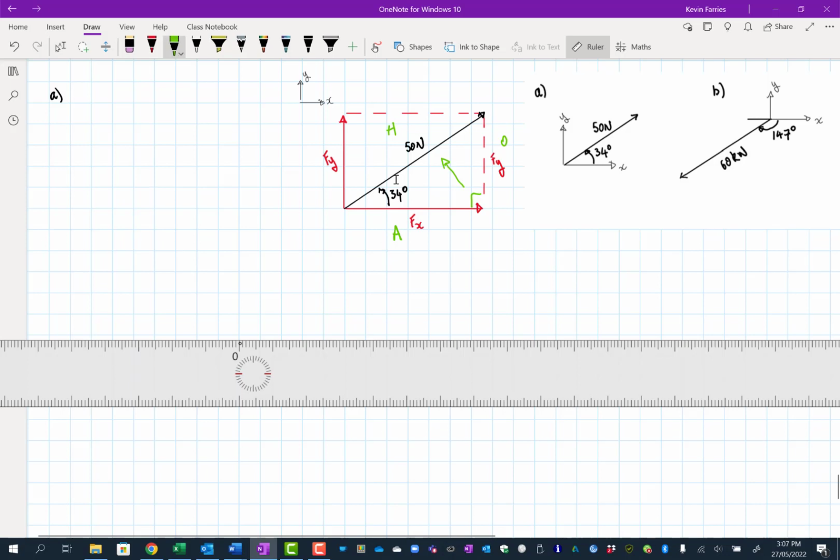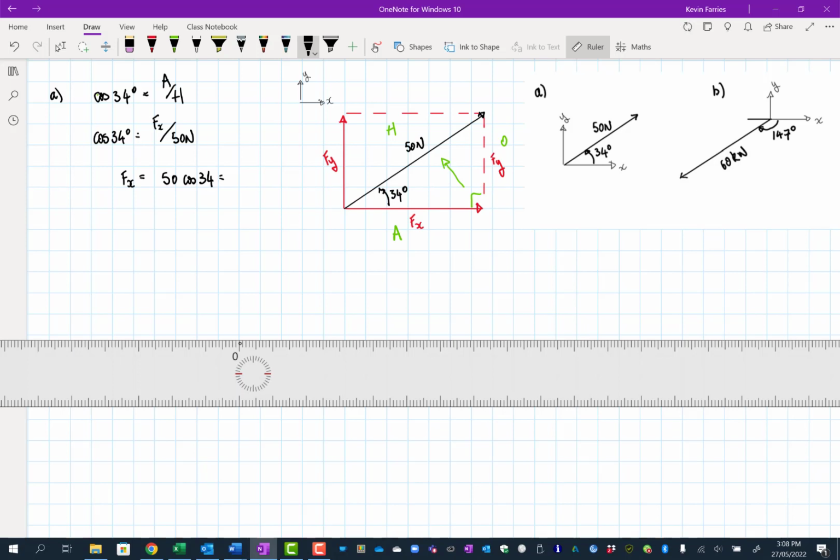So cos of 34 degrees is equal to adjacent over hypotenuse. Cos of 34 degrees is equal to Fx over 50 newtons. Times both sides by 50 newtons. That will give you Fx equals 50 cos 34.